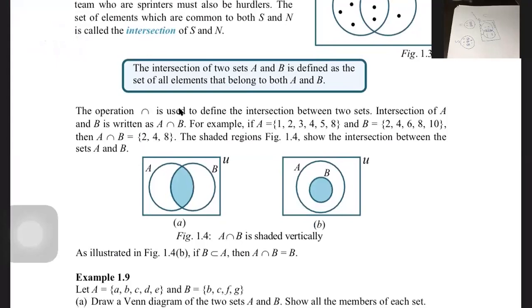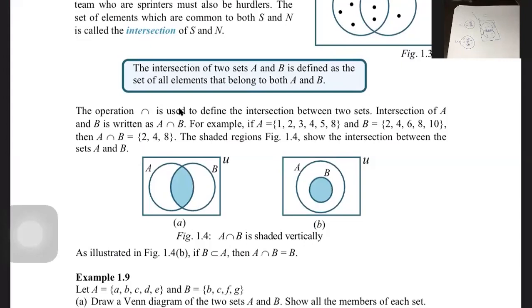The intersection of A and B is written as A ∩ B. For example, if we have a set A which is 1, 2, 3, 4, 5, and 8, and a set B which is 2, 4, 6, 8, and 10, then A ∩ B is equal to 2, 4, and 8.